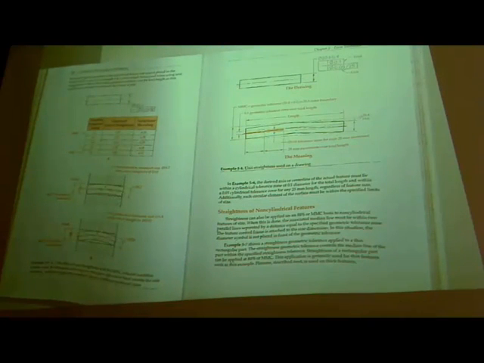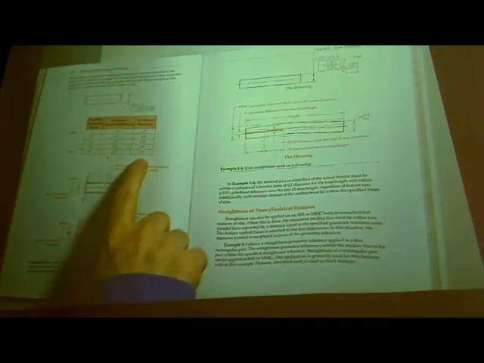So the hole that it's going to fit in has to be specified and a chart worked out to see if these conditions are going to allow it to go together and fit the way we want it to fit, as far as a sliding fit or running fit and so forth.